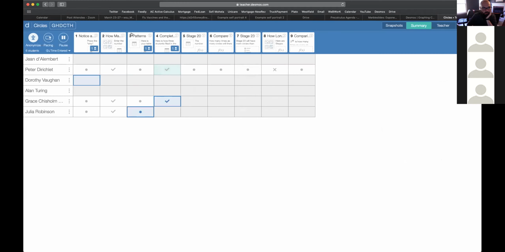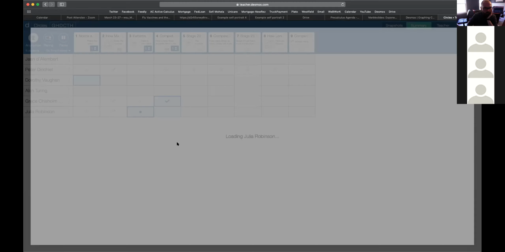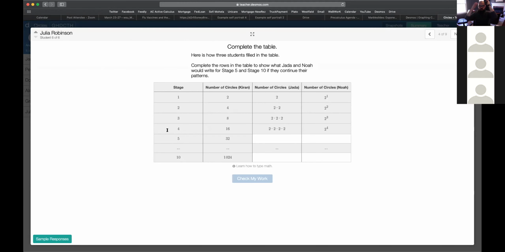Now when we get down here, let's check in on where people are. We're on slide 4 here. Grace and Julia are not quite there yet, so let's check this out on Julia Robinson's screen right now. What we're looking to do is figure out the number of circles in each stage.